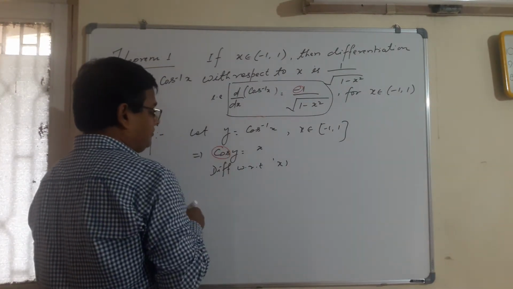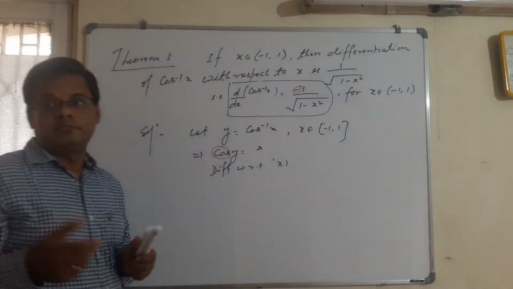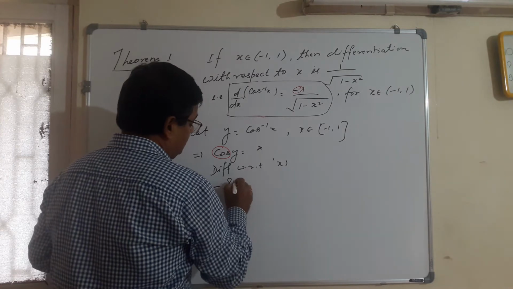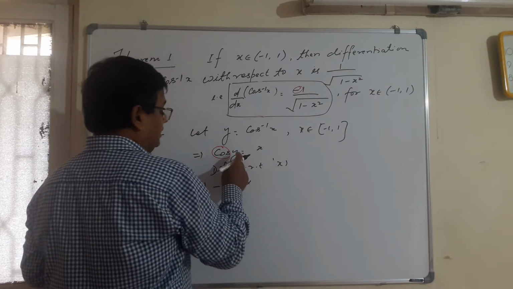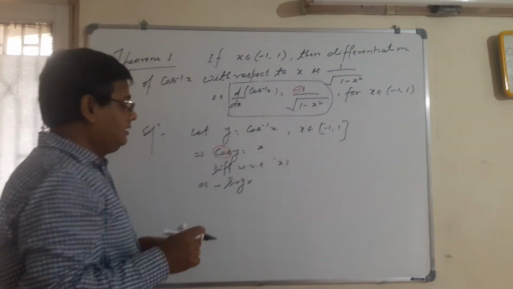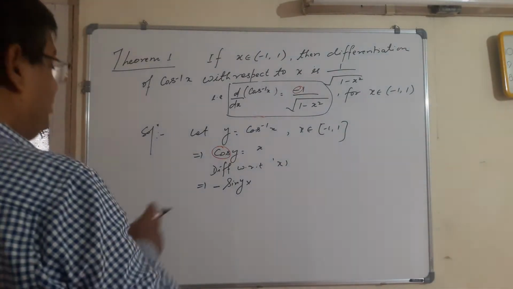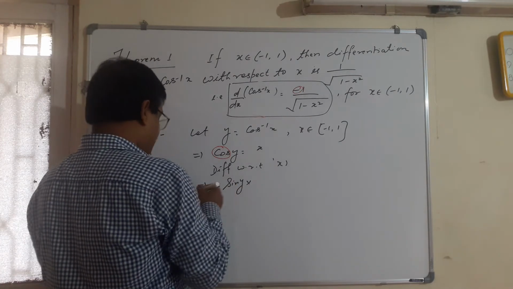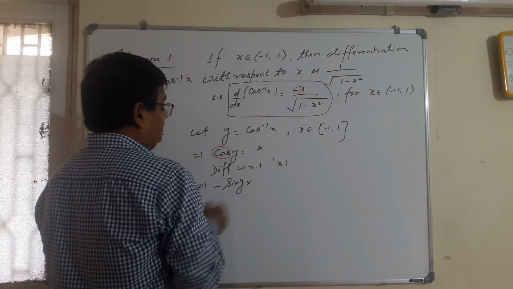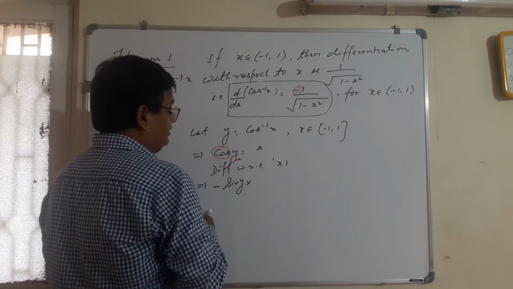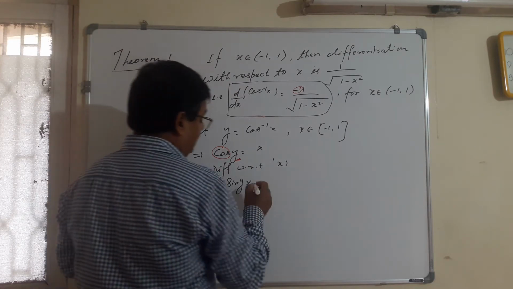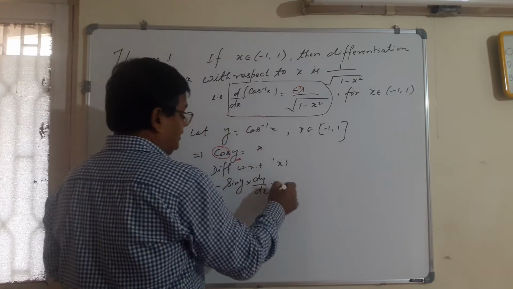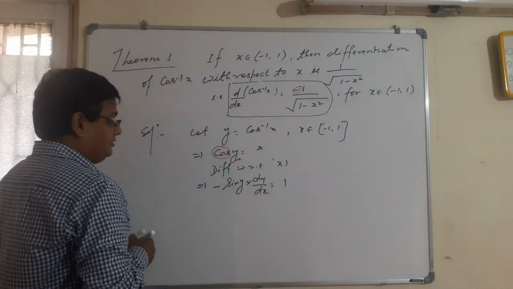The differentiation of cos y is minus sin y, and then after differentiation of y, the differentiation of y is dy by dx, and differentiation of x with respect to x is 1.